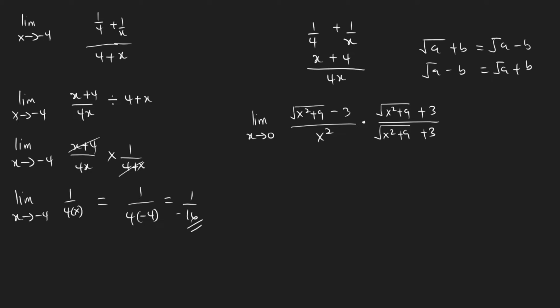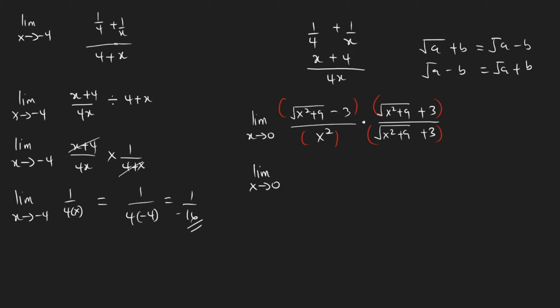Okay, so now let's simplify this. I'm going to have the limit as x approaches 0. So now the easiest way to do this is to just multiply these terms. I'm going to multiply this bracket here by this, and then multiply this also here by this. But the easiest way to compute the numerator here is to square the terms.